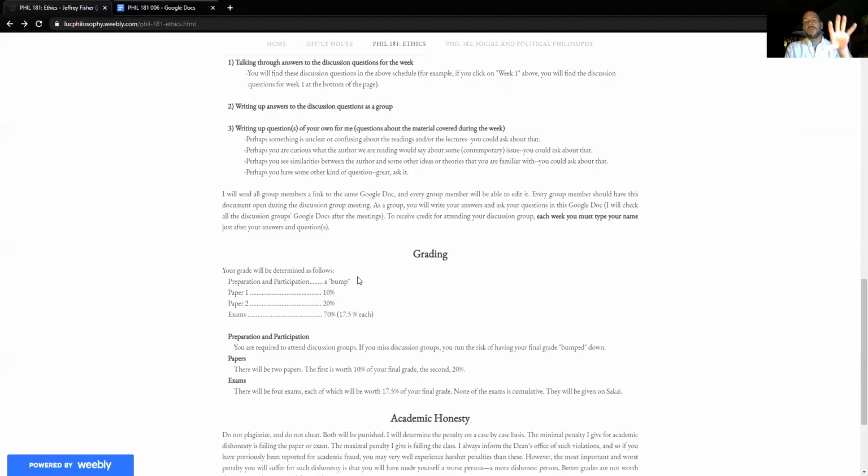You risk having your 87.1, which should be a B+, but you've missed all these meetings, bumped down to a B. You risk your overall grade becoming a B, right? That's how I factor in preparation and participation. You don't show up to your meetings on Friday, your overall grade can get bumped down.